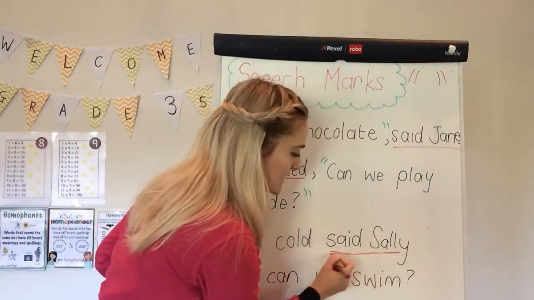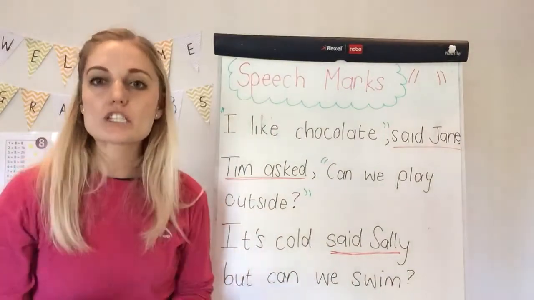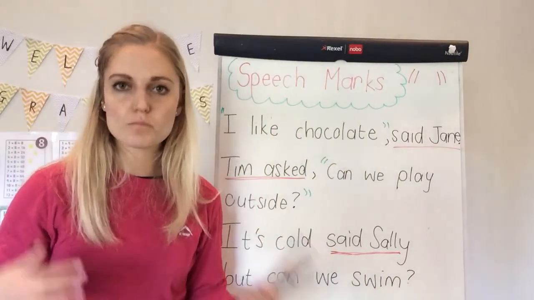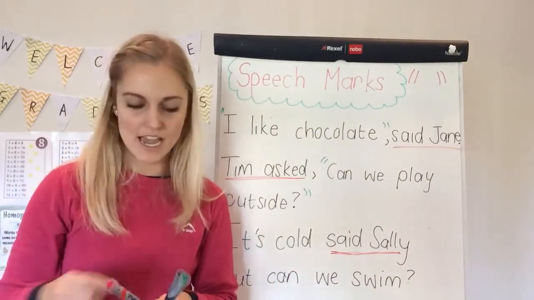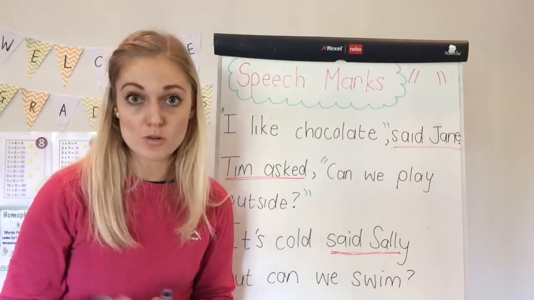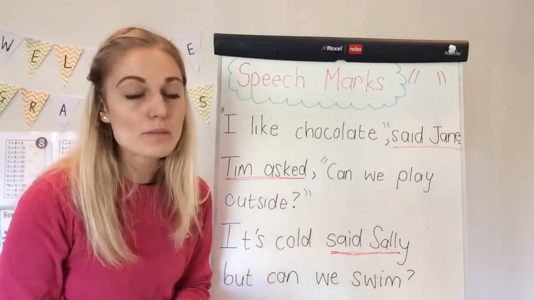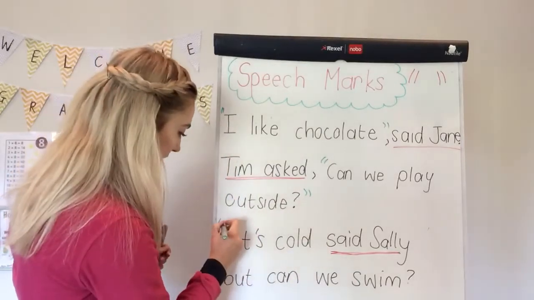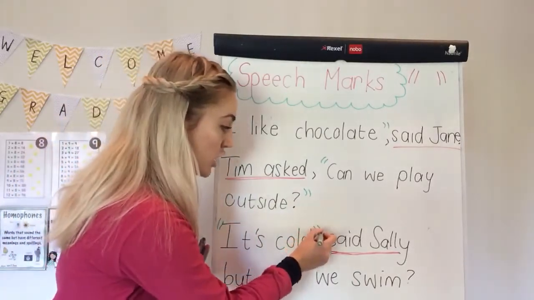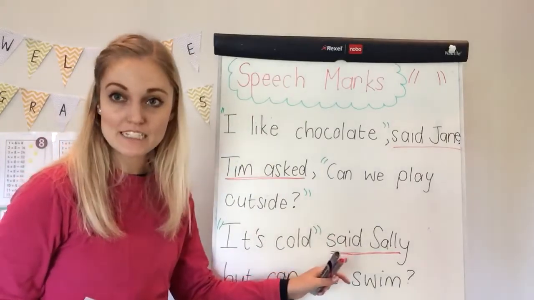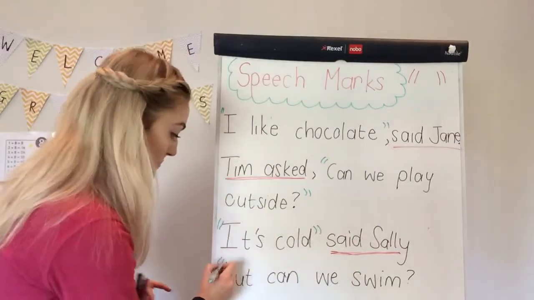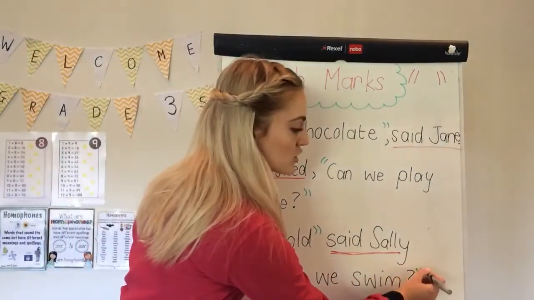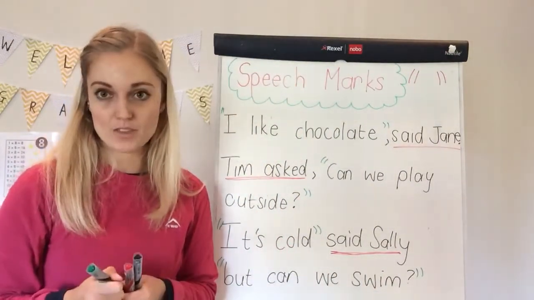Said Sally, that is my tag, which means the rest of the words should be my direct words, okay? So I'm going to put in my speech marks. And now, remember, you can't use your speech marks with your tag. So I'm going to put them here at the beginning, then I'm going to close them again before I get to my tag. Then I'm going to open them again after my tag, and then I'm going to close them again at the end. Okay?